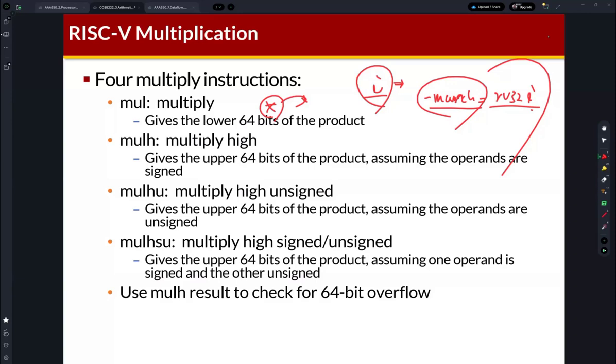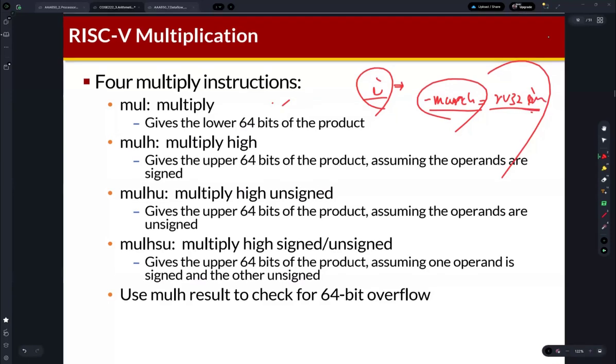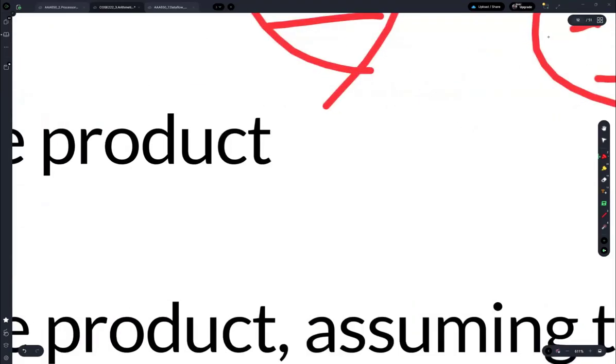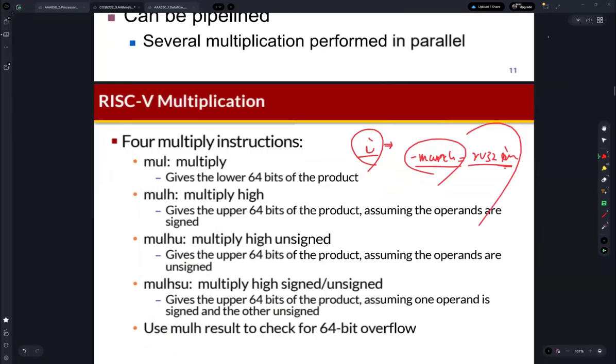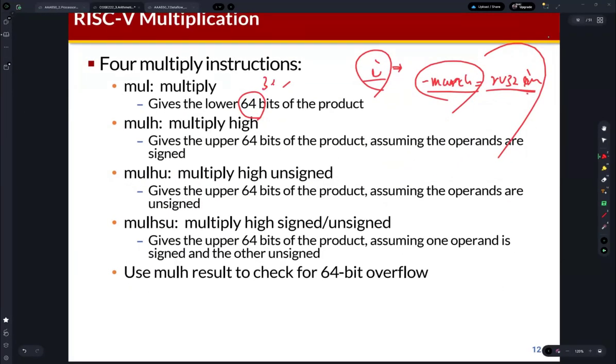But if we use the multiplication extension like M, then we can use the multiply instruction, right? So mul is the multiply, and it gives the lower 32 bits of the product. So what does that mean? If we perform 32-bit by 32-bit multiplication, then the product will have 64 bits, right?